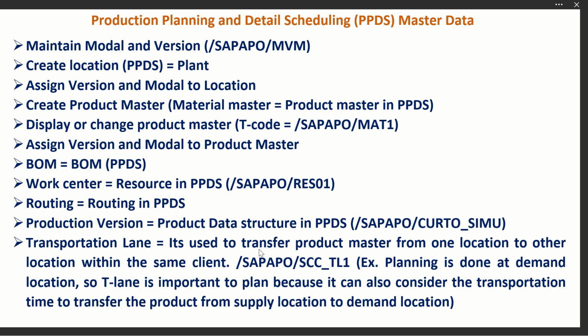So with the help of the transportation lane, I can execute the planning: how much time it will take to manufacture in America, and then it will be transferred from America to Australia. All those times can be considered in the transport lane. So during planning, it will consider this transport lane timing also. This is how we can create the master data in the system, and it will be useful for PPDS.